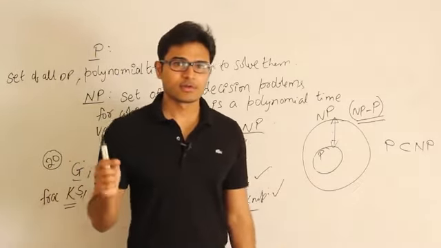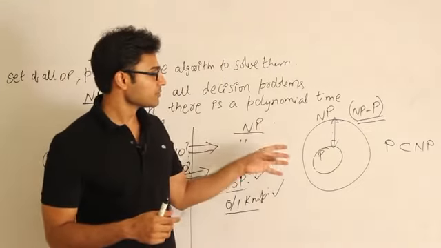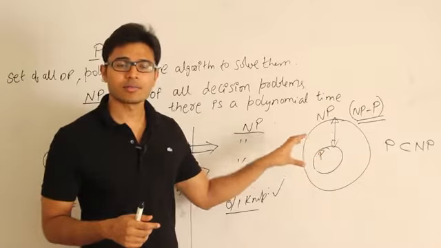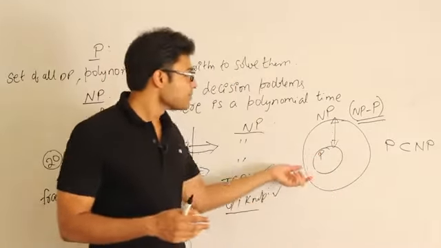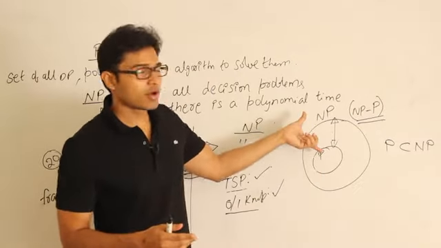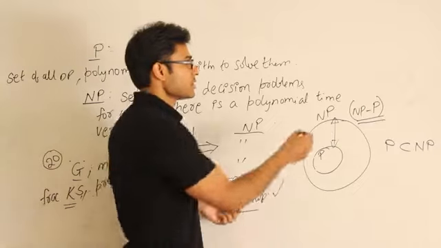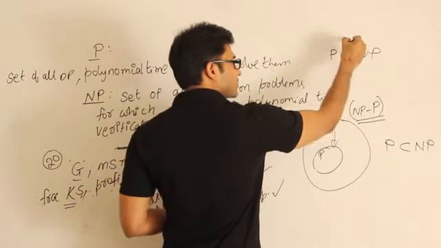Got it? So now we shall see how to prove that some problem is hard, some problem is easy, and how to prove that P is present inside NP and that P and NP are not equal. So one open question is, is P equal to NP? This question is still open.